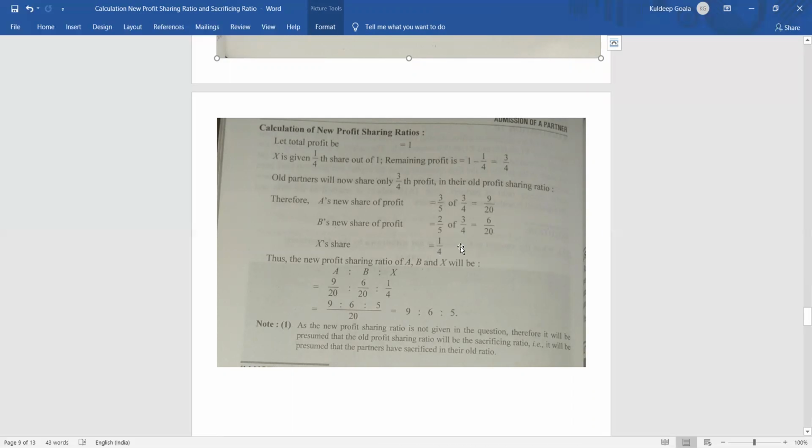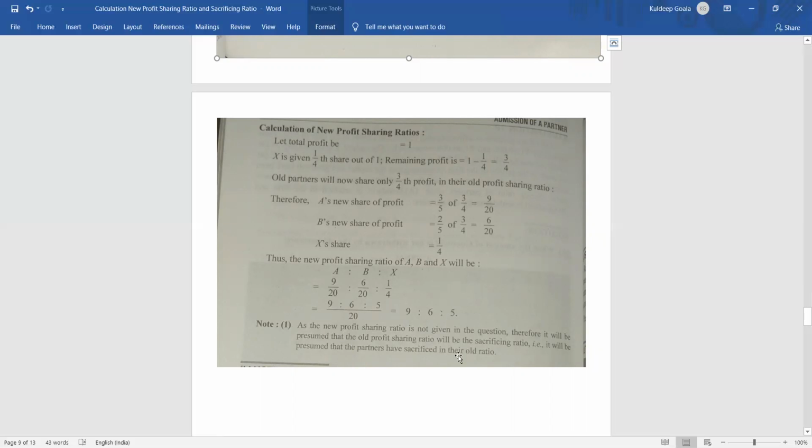Denominator multiplied by 5, numerator also multiplied by 5. It is coming 5/20. Clear? So the new ratio is 9:6:5. Clear? Now if you deduct, new ratio minus old ratio will be the sacrificing ratio, isn't it? So automatically, the old ratio will become the sacrificing ratio.